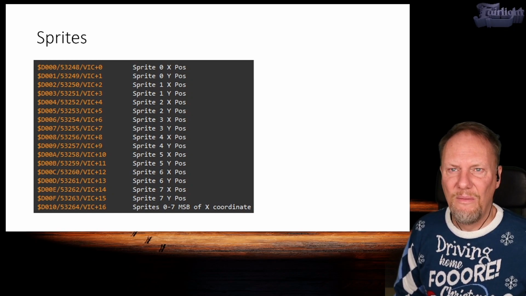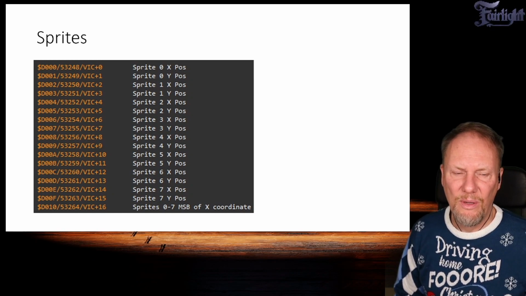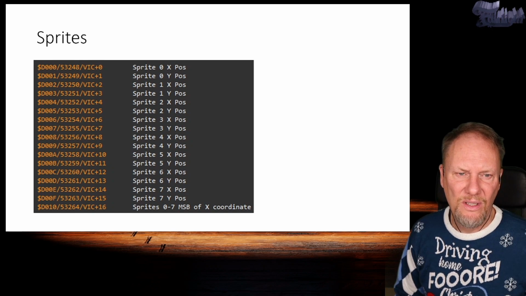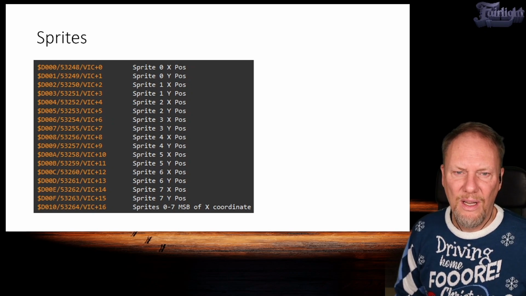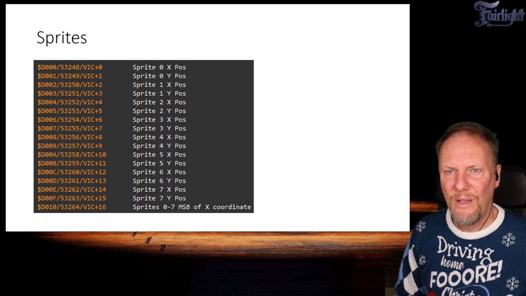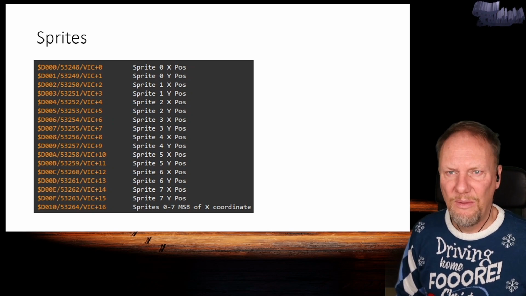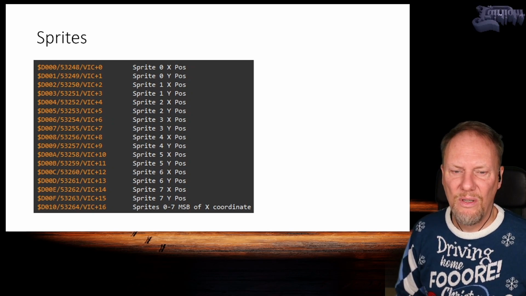Sprites, they have many registers assigned to them. So the first one is D000 to D010. Here you have an X and Y position of each of the sprites because you can set them individually.